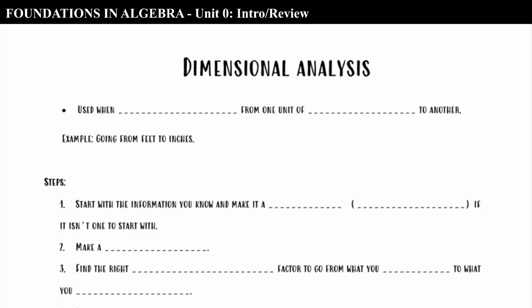Dimensional analysis is used when converting from one unit of measure to another. For example, going from feet to inches, we have to use a conversion factor to get a distance converted from feet to inches.